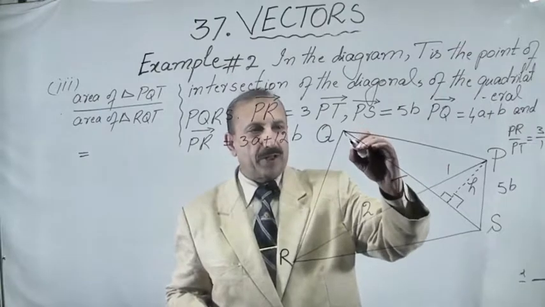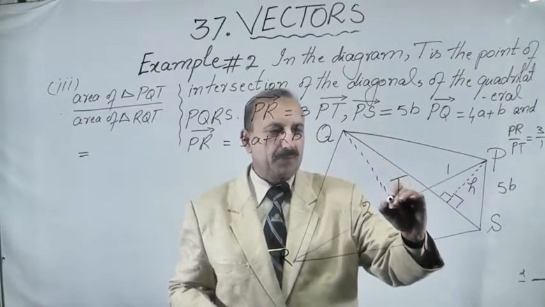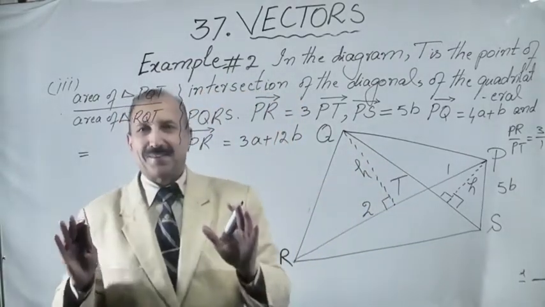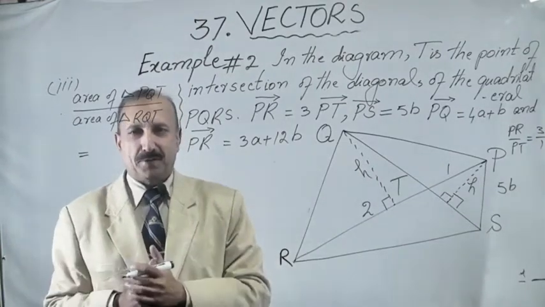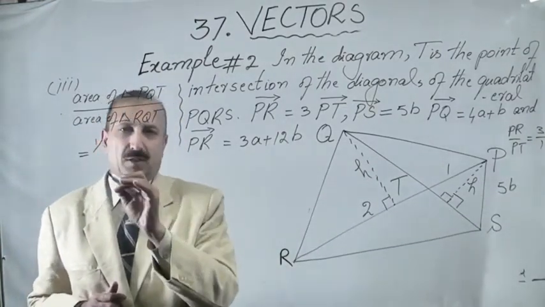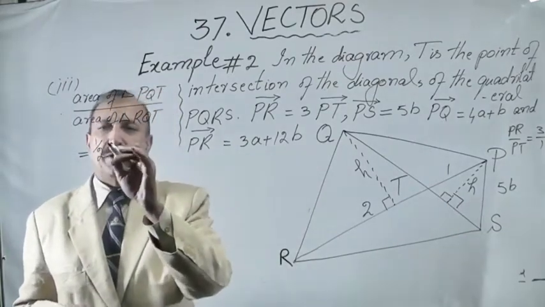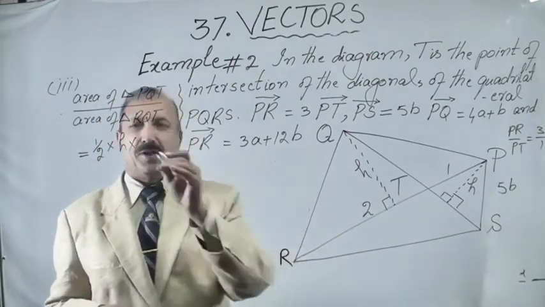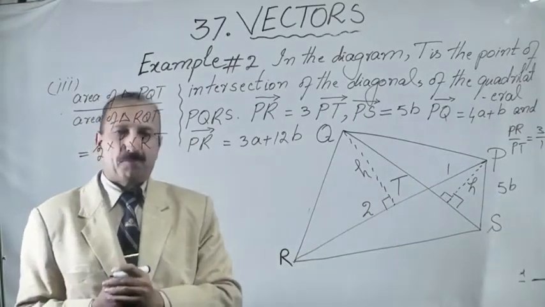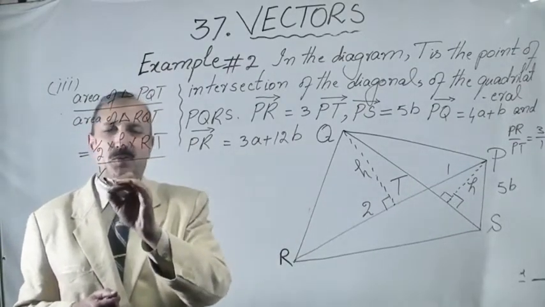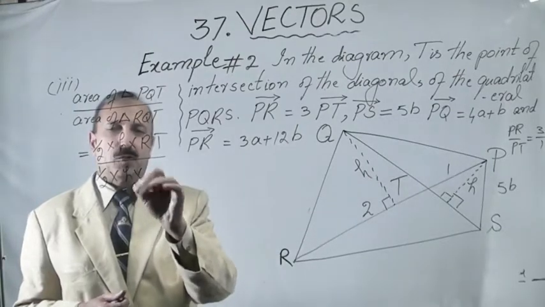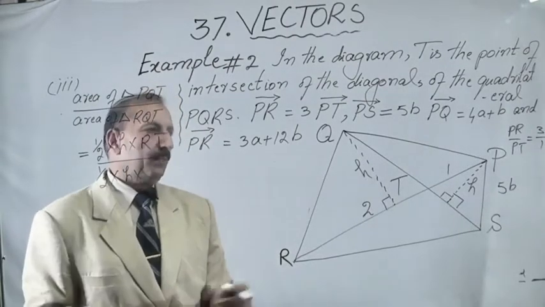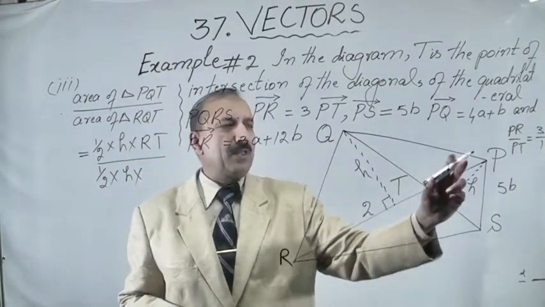We will draw a common height for both the triangles, and here the height is represented by H. Now the process is the same as we did in the previous part: we write the simple area formula with the common height H. For PQT, it is 1 by 2 into H into the base, and its base is PT.